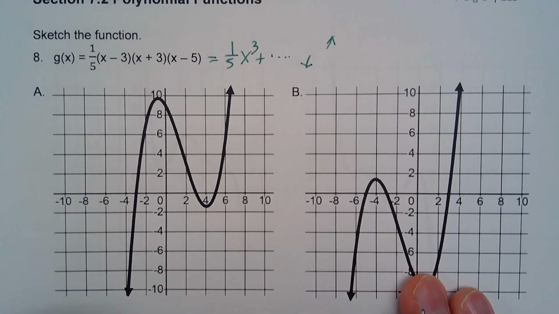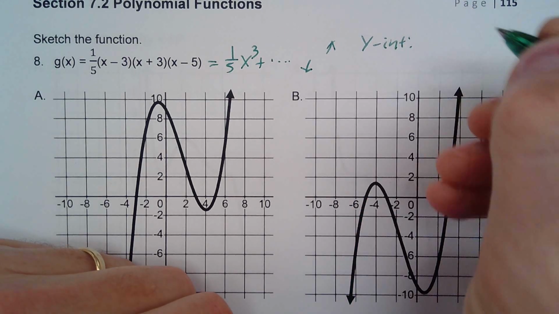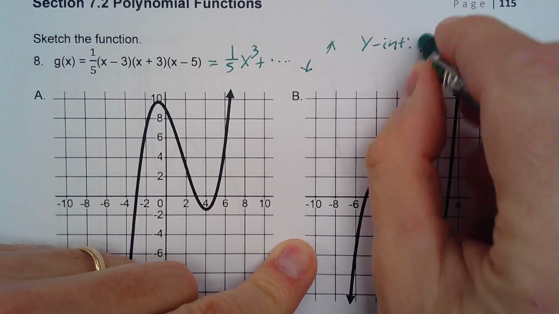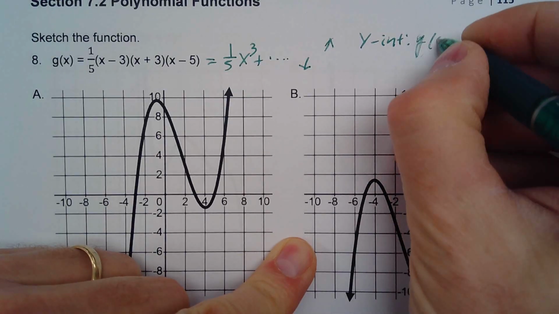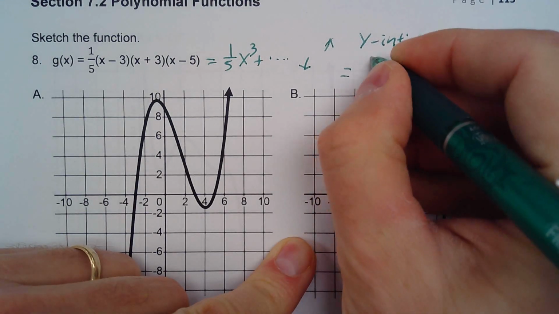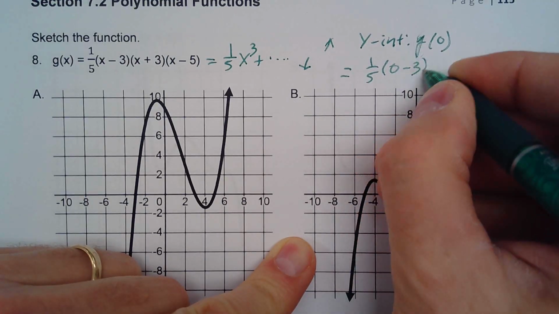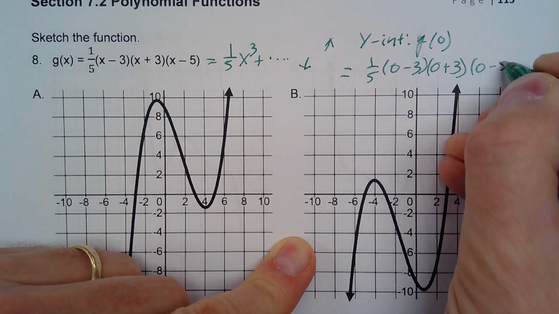Let's do our y-intercept. So if I evaluate my function at 0, that would give me 1/5 times 0 minus 3, 0 plus 3 times 0 minus 5.